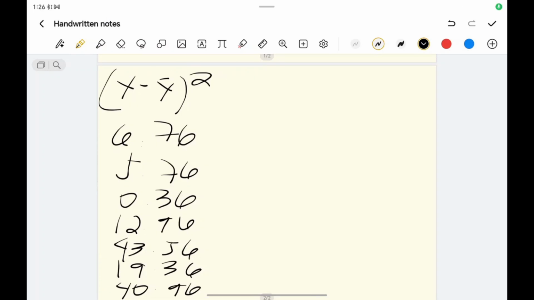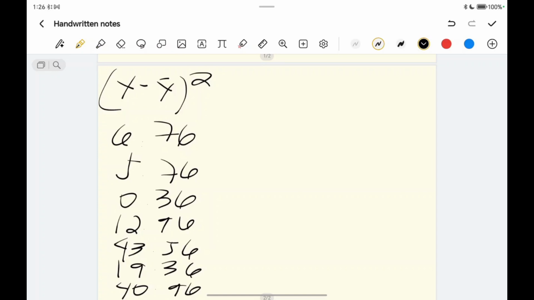So this time we have already the squared versions of the deviations, which are the difference between the number in the set and the mean. So we have 6.76, 5.76, 0.36, 12.96, 43.56, 19.36, and 40.96.